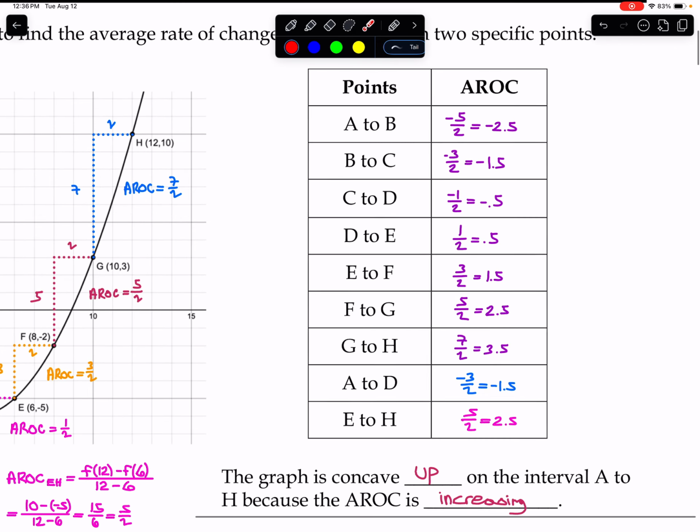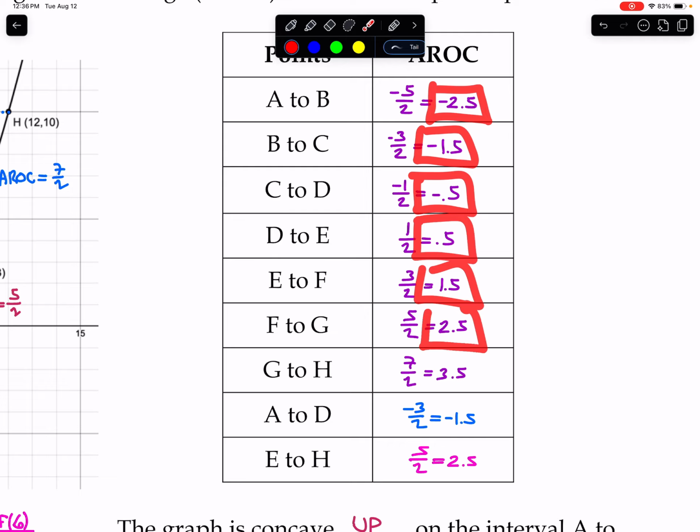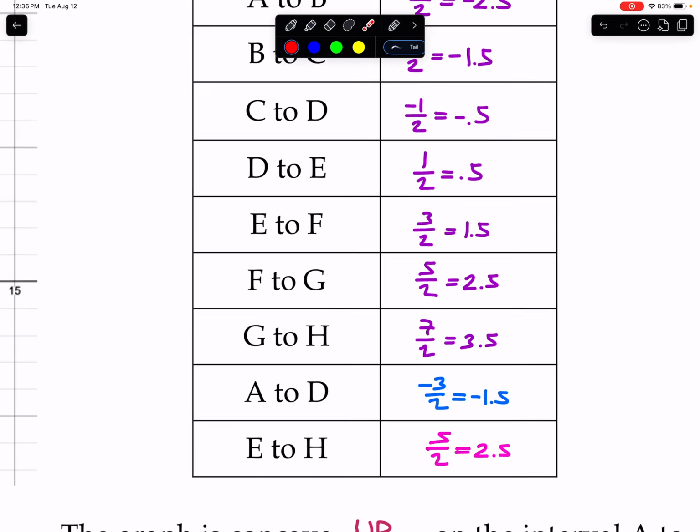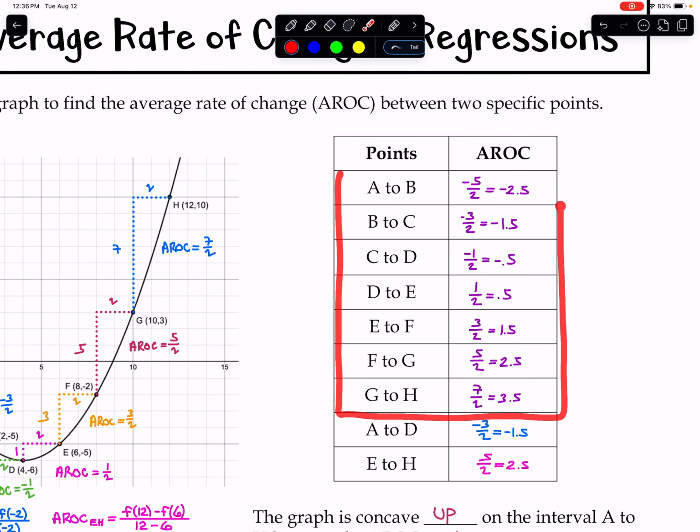When we find that average rate of change, what we're really looking for you to notice is what's happening to the values as we move further along in our function. These are each equal width intervals, and then if we look at a non-equal length interval, that's what that one is.